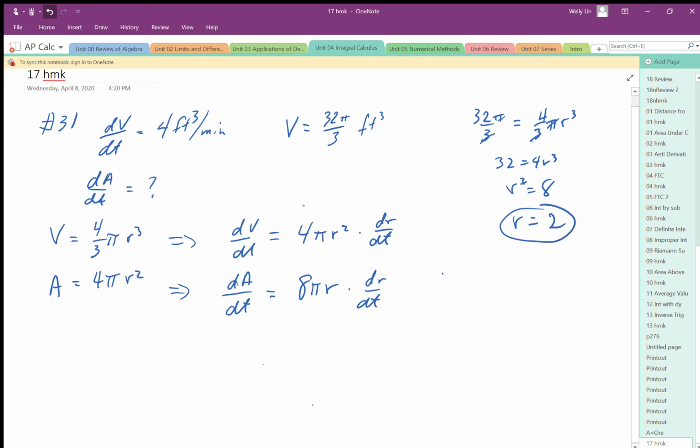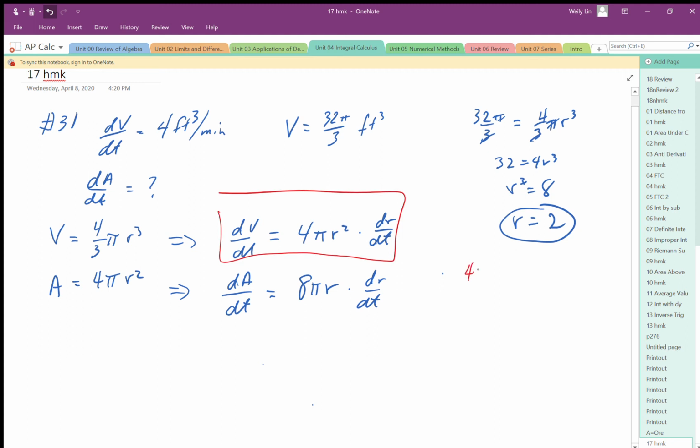Well, if I take a look at this equation, I have dV by dt, I have r, I can work out dr by dt. I want to solve for the change in surface area over change in time. I know r, and if I can work out dr by dt, I can figure out dA by dt. So first of all, I'm going to use this equation here and solve for dr by dt.